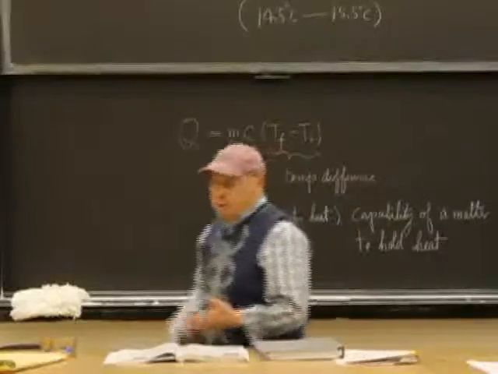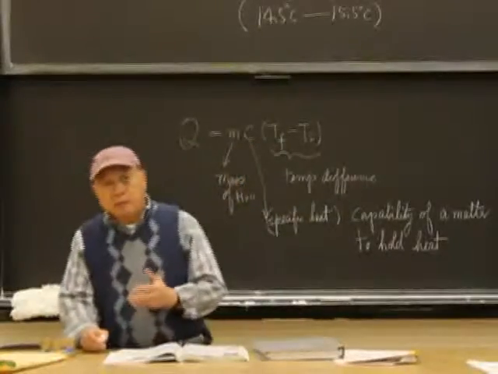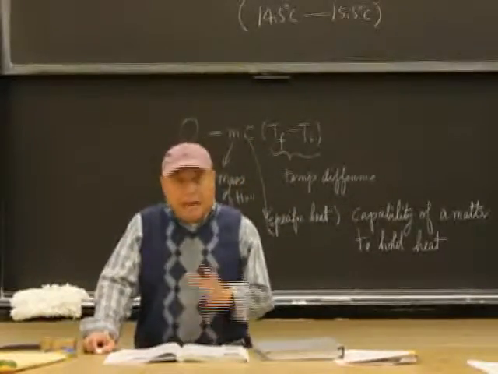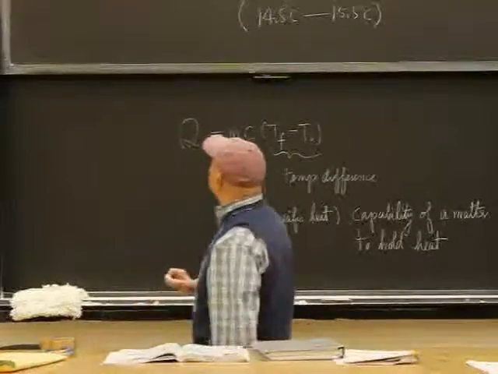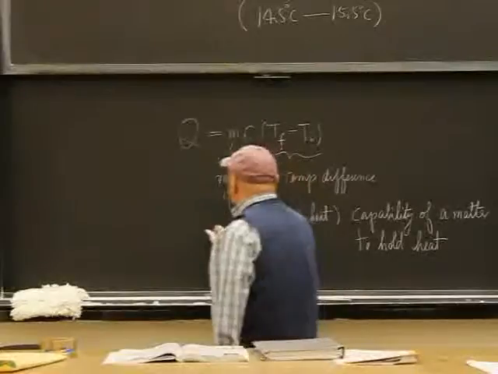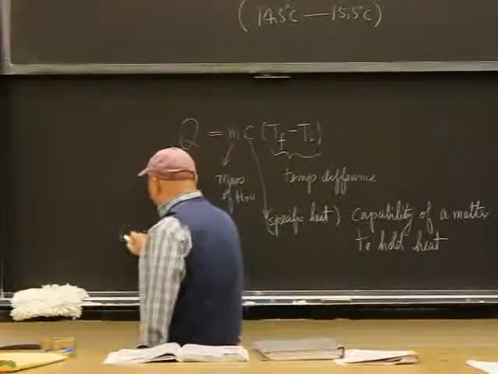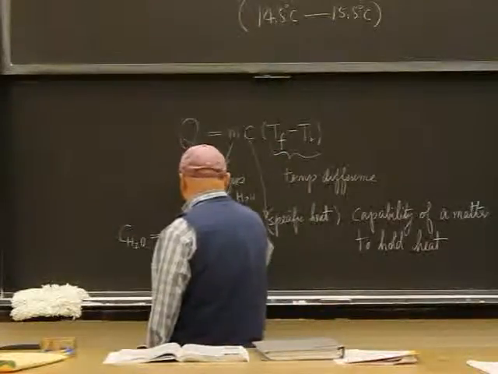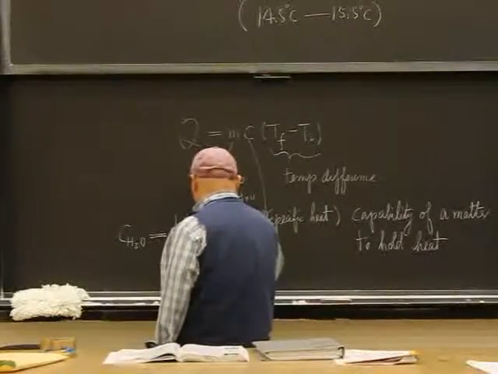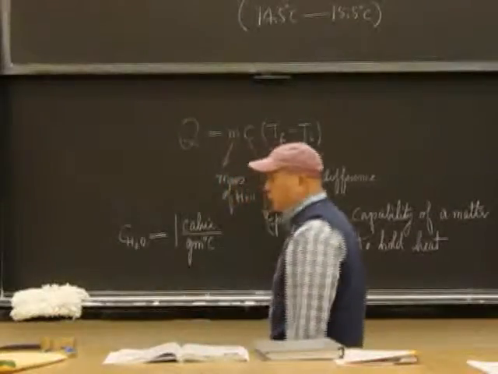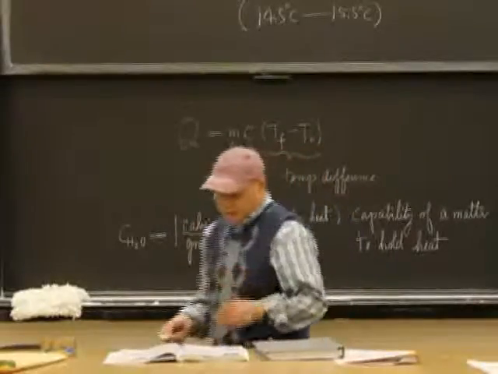The larger the specific heat, the larger the capability to hold heat. The specific heat for water is 1 calorie per gram per degree Celsius. This is how you designate it.